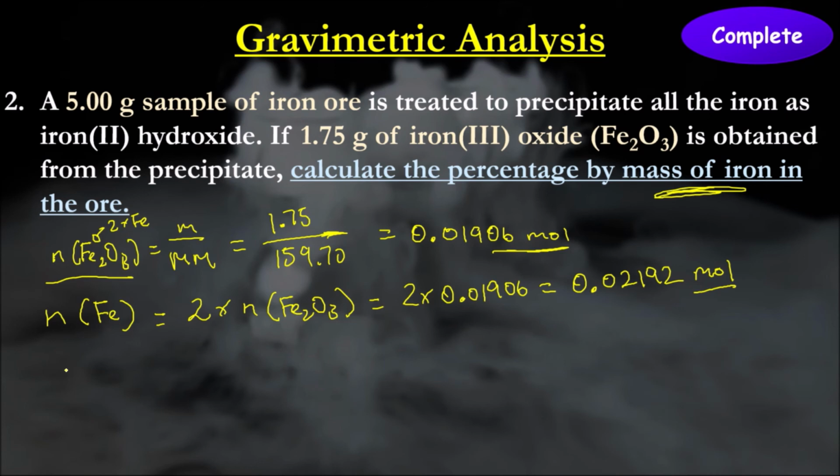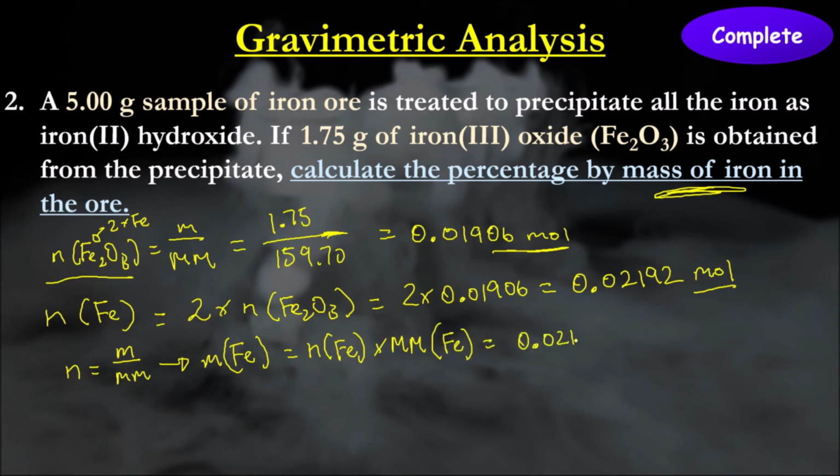Okay, so we know the formula is number of moles times molar mass. So the mass of the iron that we used is equal to the number of moles of iron times the molar mass of iron. So the number of moles, 0.02192.